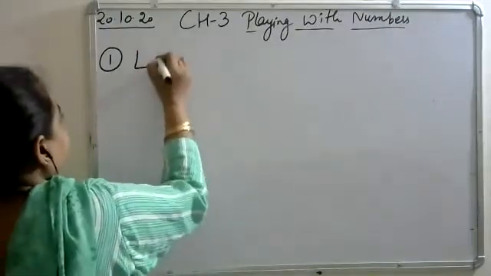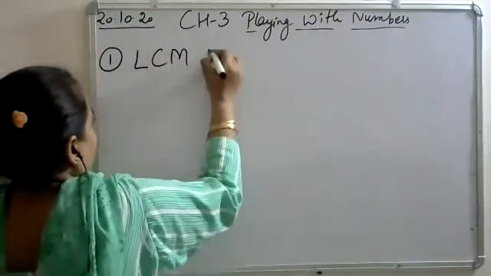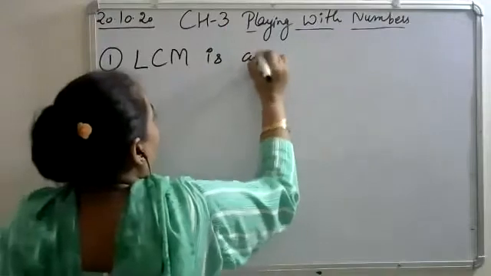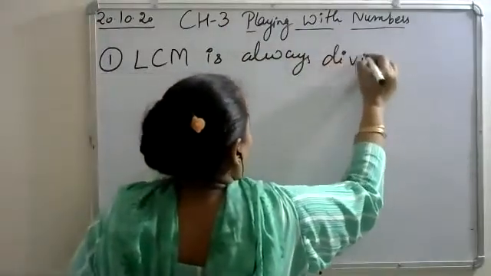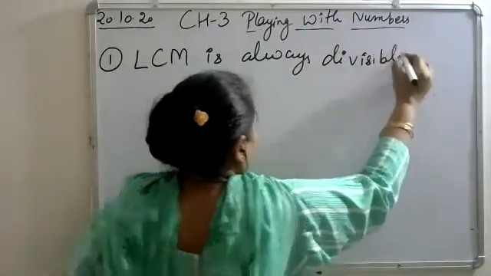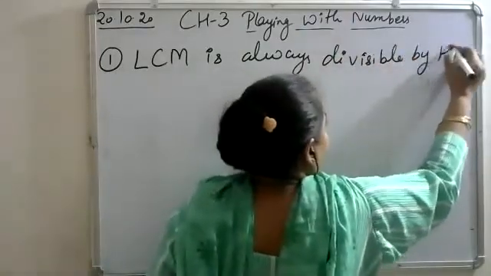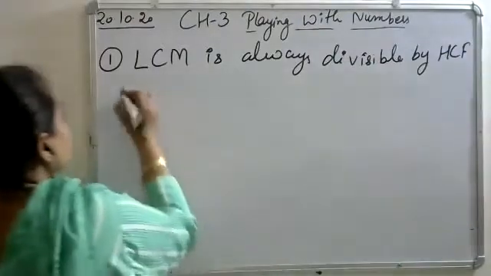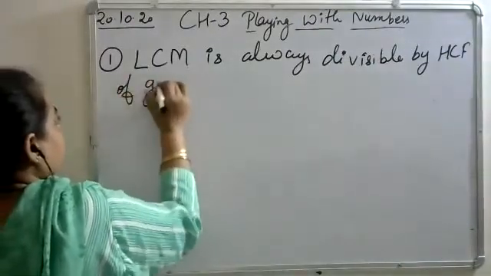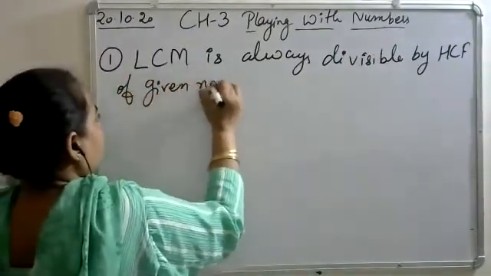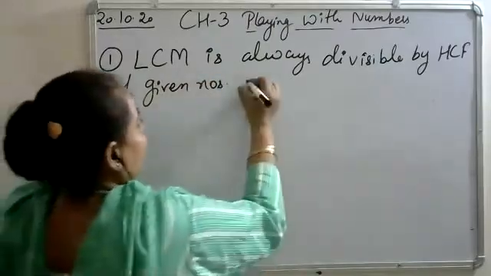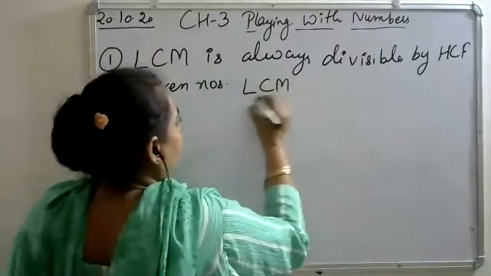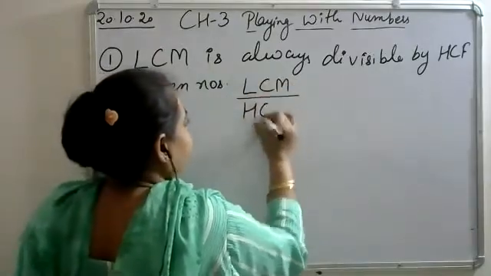Okay. Number 1. LCM is always divisible by HCF of given numbers. This is our rule number 1. LCM is always divisible by HCF.